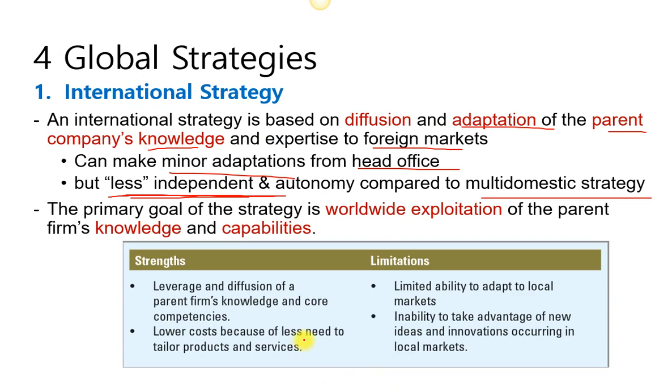Okay, and your primary goal of strategy is worldwide exploitation of the parent company's knowledge or capabilities. So you're trying to diffuse the firm's knowledge of core competencies. You lower cost because you have less need to tailor your products to local markets.